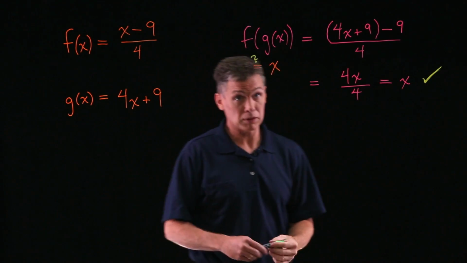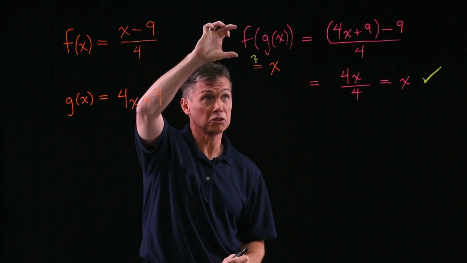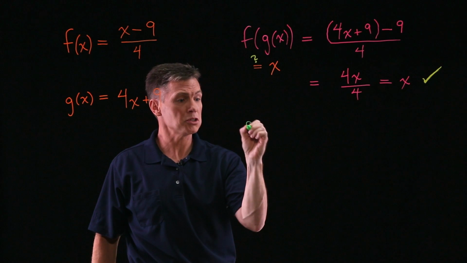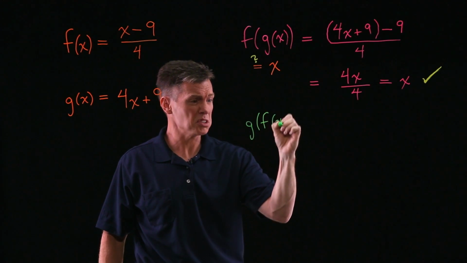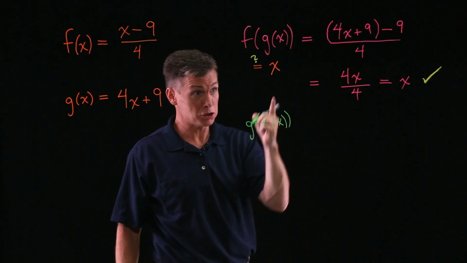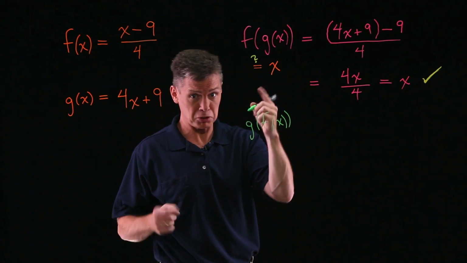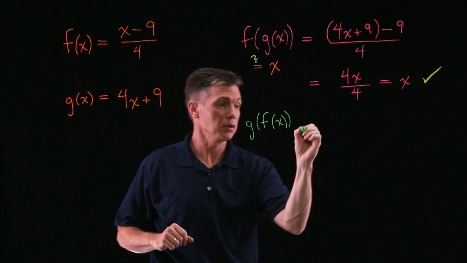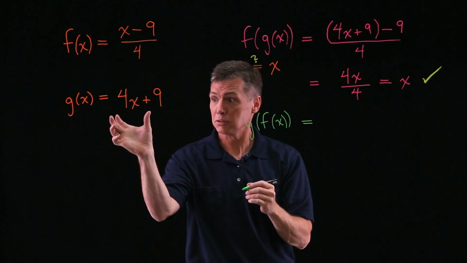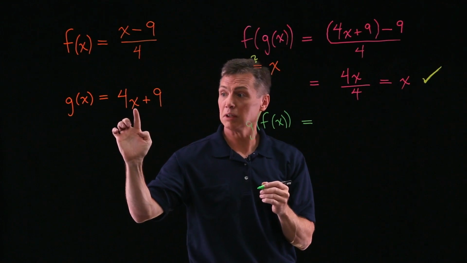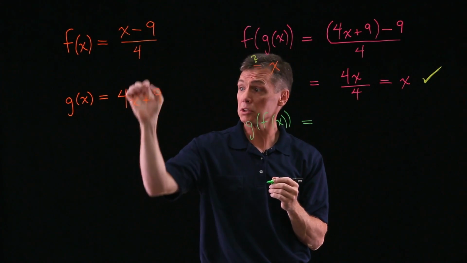Okay, the second half of this is if we did f composition with g, you also want to check g composition with f. Switch the order, and it again should equal x. So that's what we'll anticipate, but we have to confirm it. So this equals, this time I'm looking at my g of x function, but wherever I see an x, I need to put the entire f of x function in there.